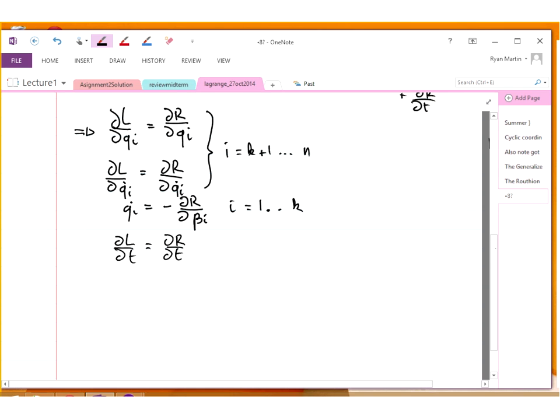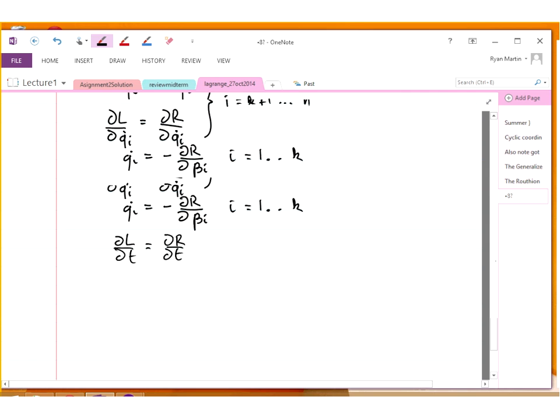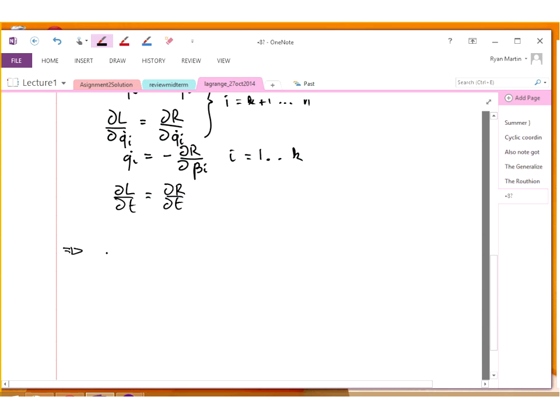So in particular, note that ∂L/∂q_i is the same as ∂R/∂q_i, and ∂L/∂q_i dot is the same as ∂R/∂q_i dot. So that means that R will also satisfy the Euler-Lagrange equations, because L does.